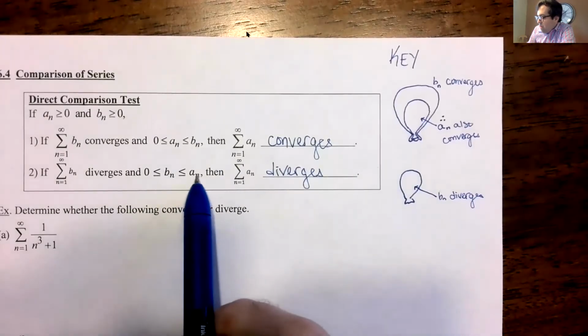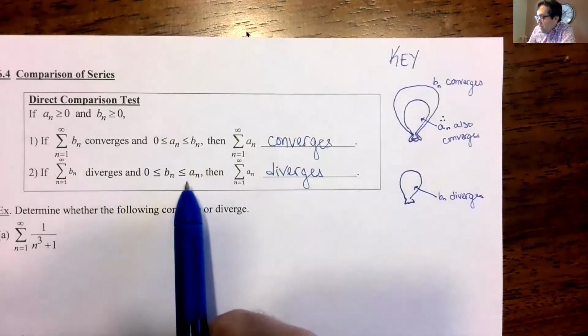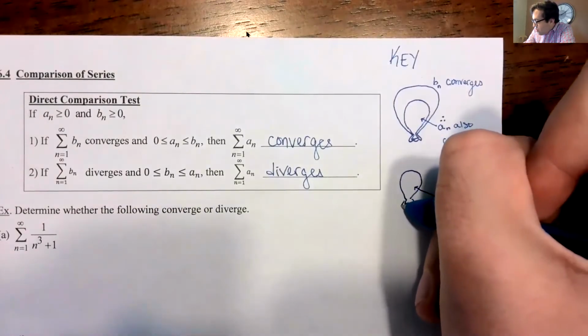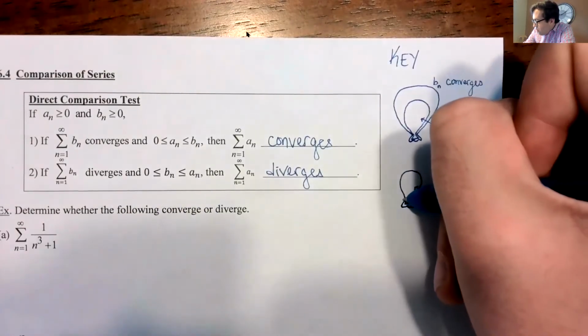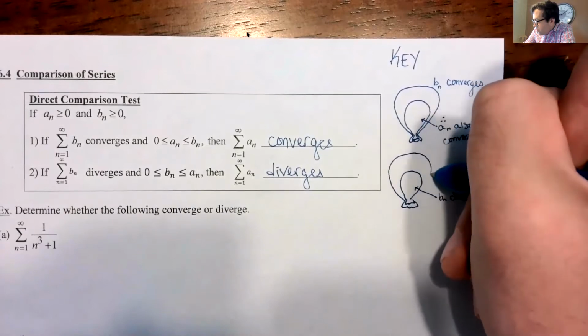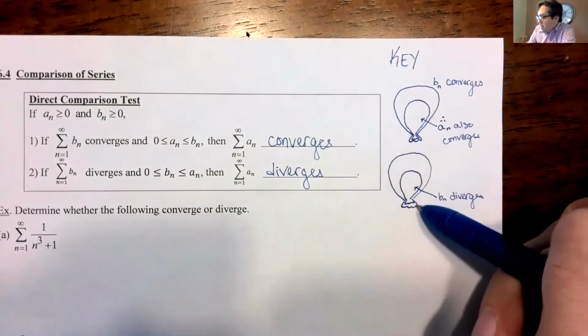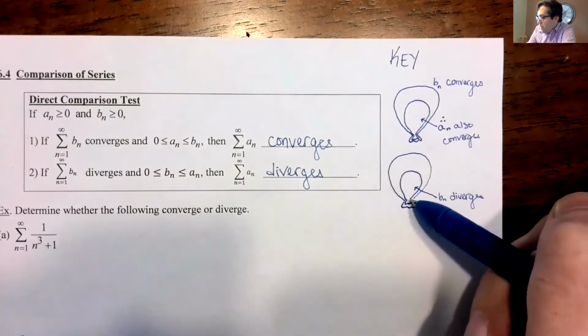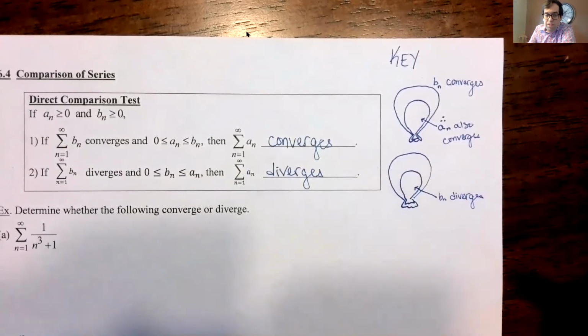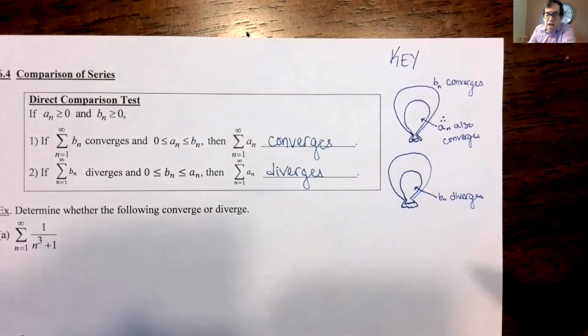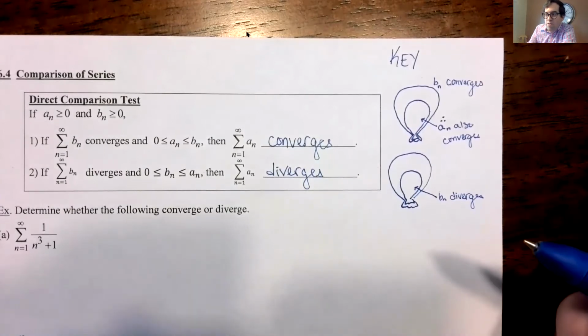And if we have some other series we're going to compare to that's even larger, so now we have an even bigger balloon, how is a finite sum going to be bigger than an infinite sum? It's not. And there are varying levels of infinity.